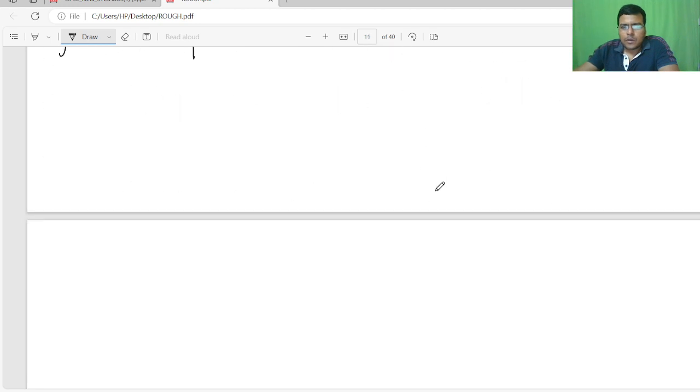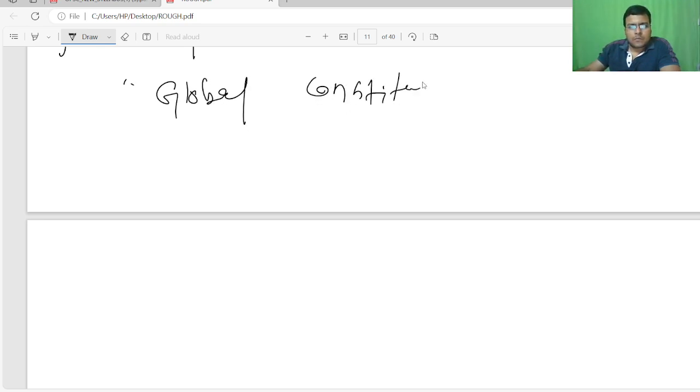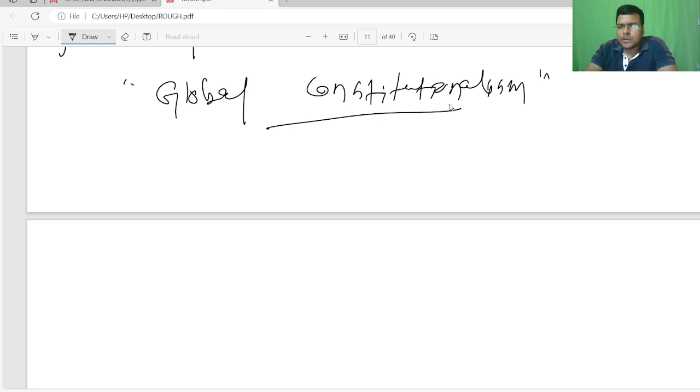So here understand one word, global constitutionalism. What is global constitutionalism? UN. When all UN member nations abide by the law formulated by the United Nations, we can call it global constitutionalism.